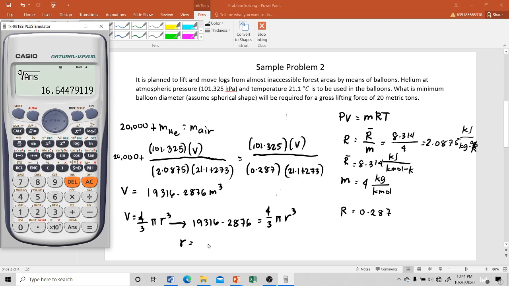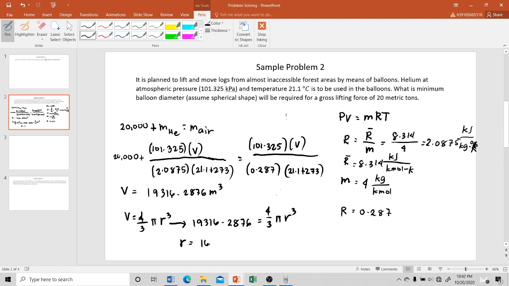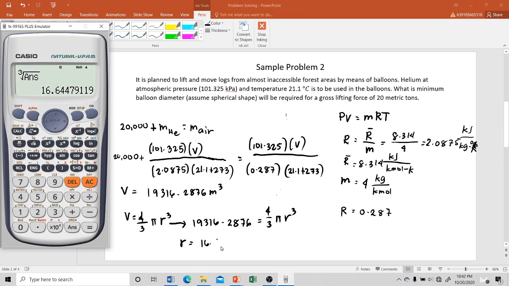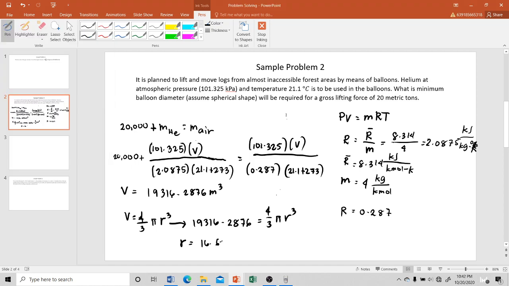So we can get the radius of the balloon, 16.64. So this is how we find the minimum balloon diameter.